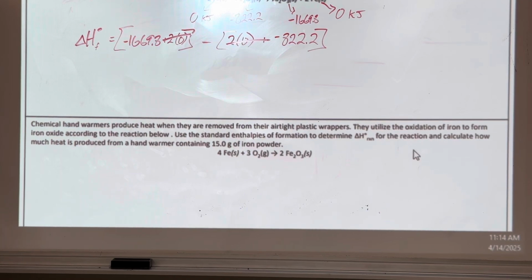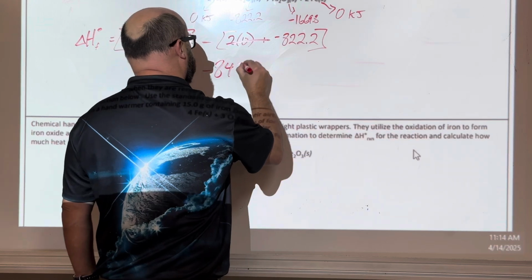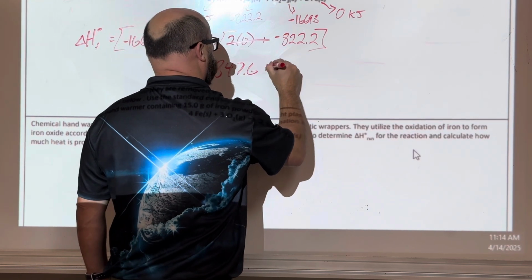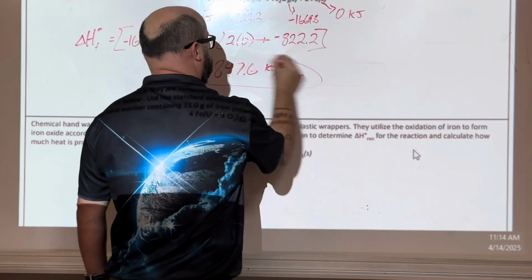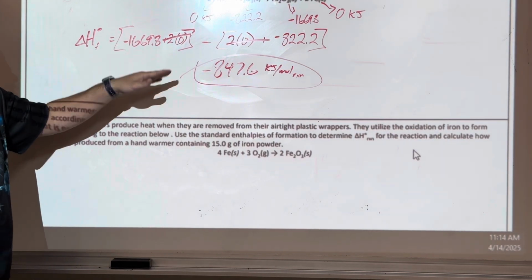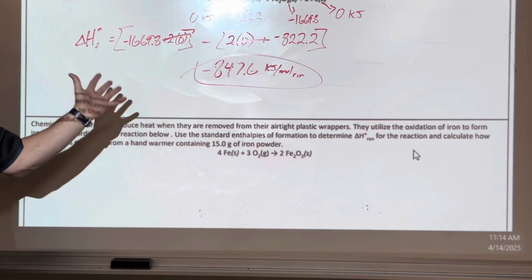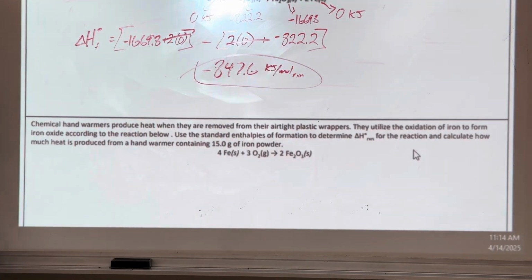We get negative 847.6 kilojoules per mole of the reaction. I find this one to be one of the easiest. You're given the tables, you're given the values, you just have to multiply by the coefficients, add them up, and then don't forget products minus reactants.